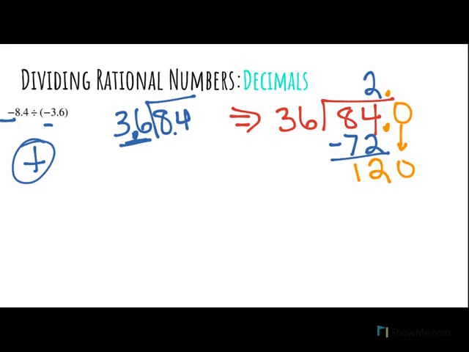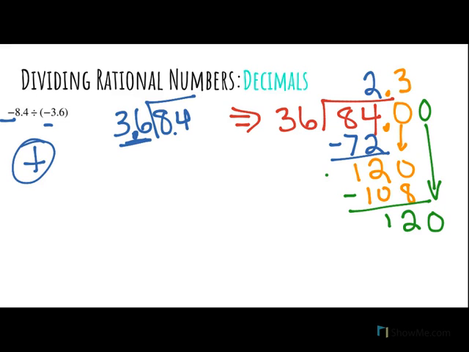Okay, so now I need to do 120, or how many times does 36 go into 120? And that goes in there 3 times. So 3 times 36 gives me 108. And now I could subtract these. Let's see, 120 minus 108 would give me 12. Could bring down another 0 and give me 120.